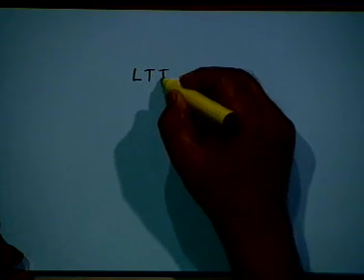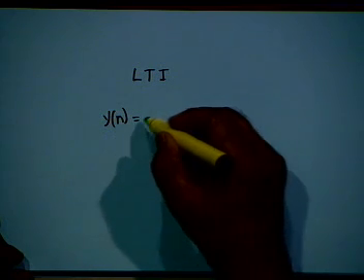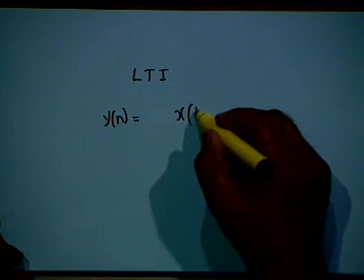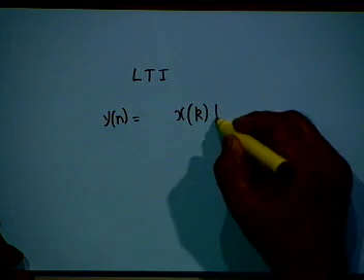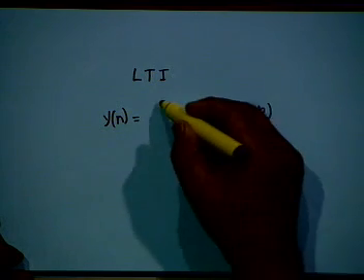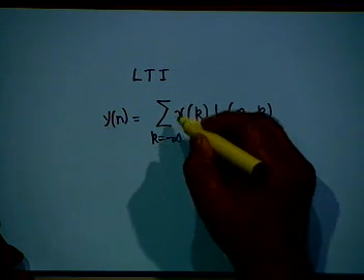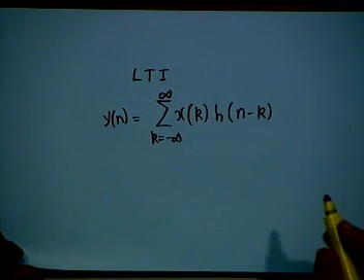Then by simple reasoning, we derived the convolution equation for an LTI system, and we said that if y of n is the output to an input x of n, then all you have to do is x k multiplied by h of n minus k and sum it up from k equal to minus infinity to plus infinity.